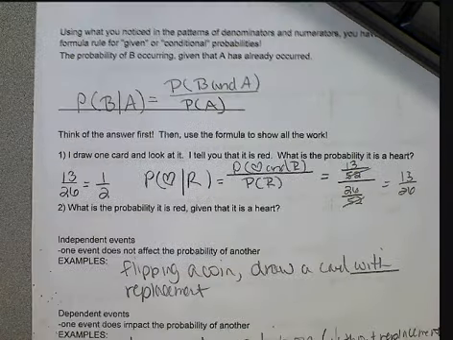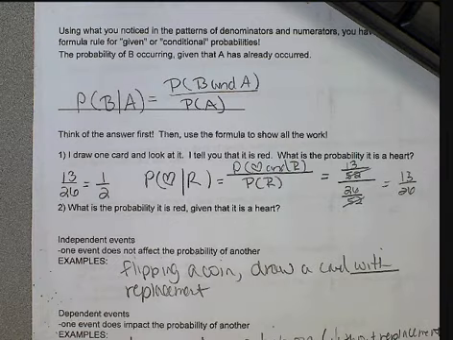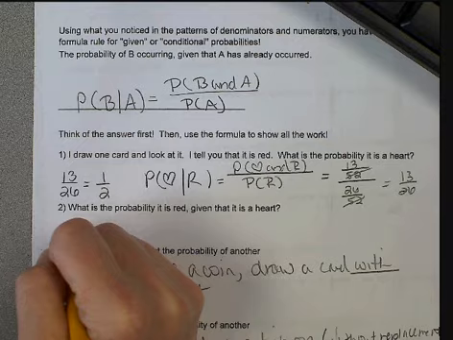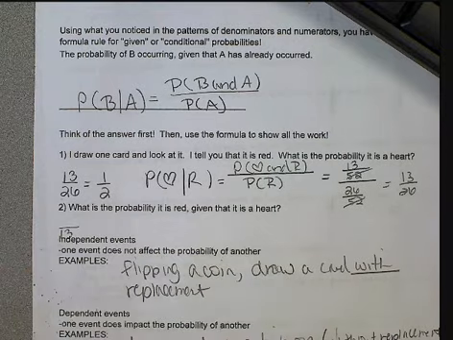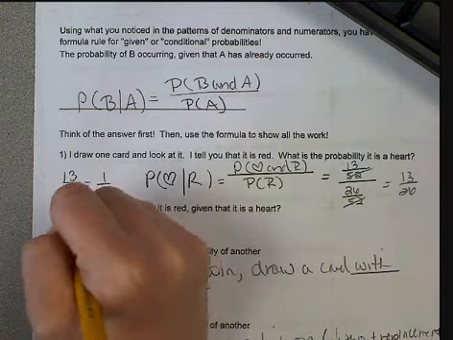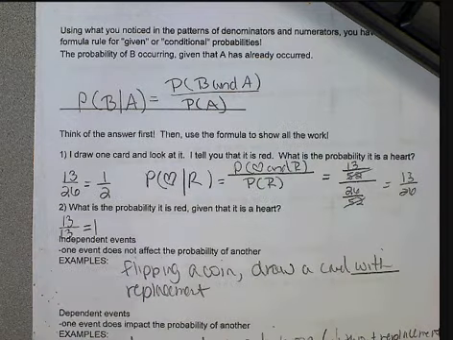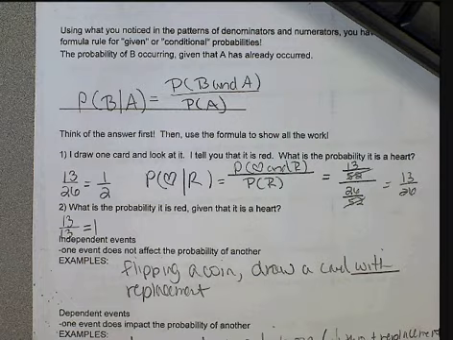So our next statement says, what's the probability it is red given that it is a heart? Well, if you think carefully about cards, you know it's a heart. There are 13 hearts. Of those hearts, how many are red? Actually, all of them are. So the probability here is 1.